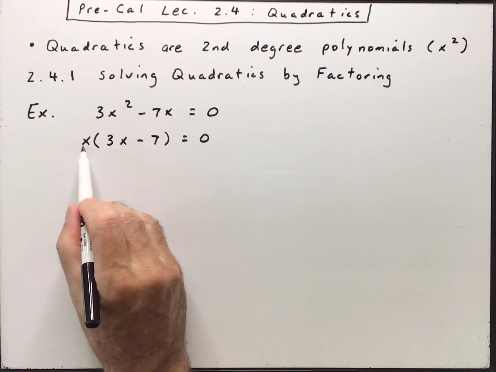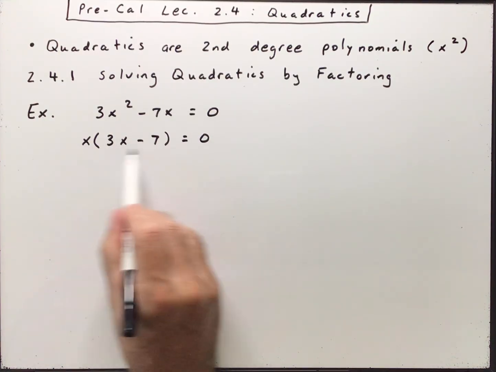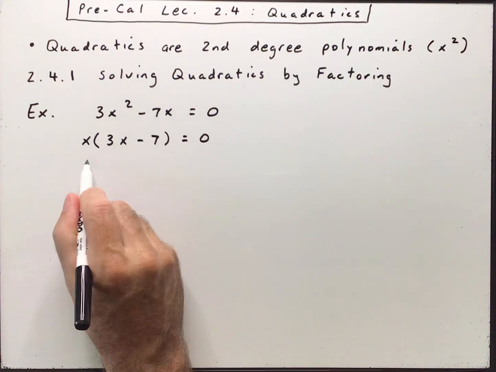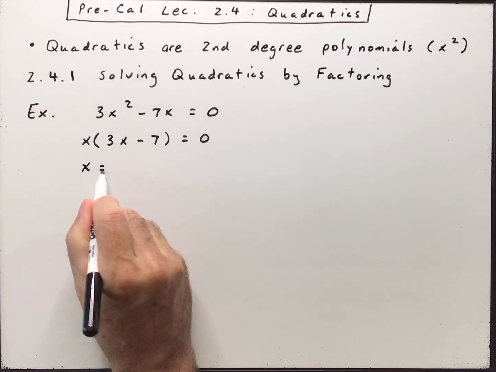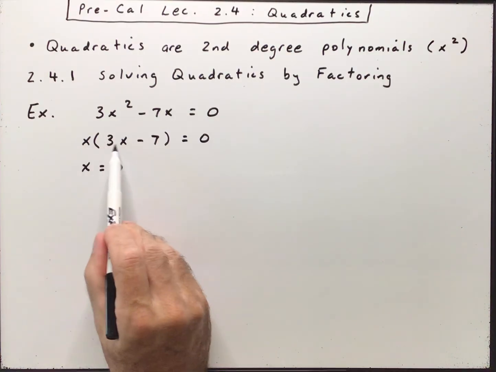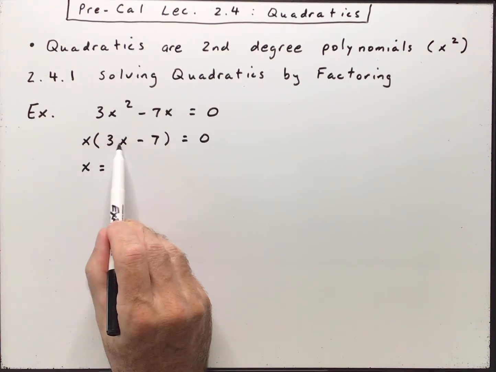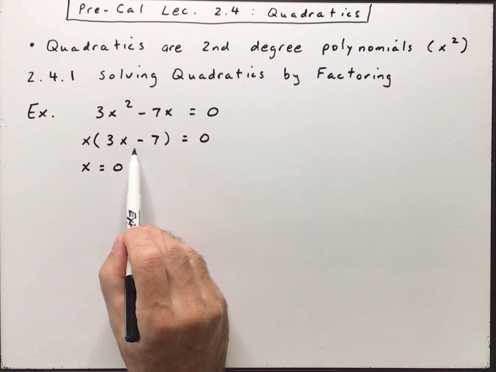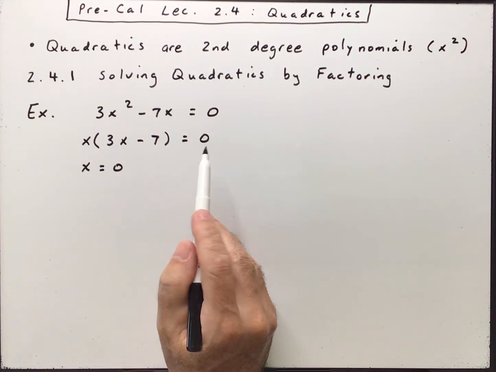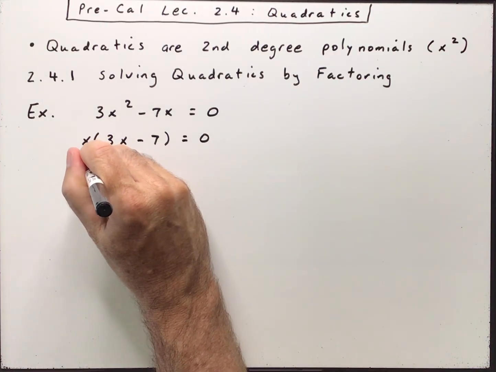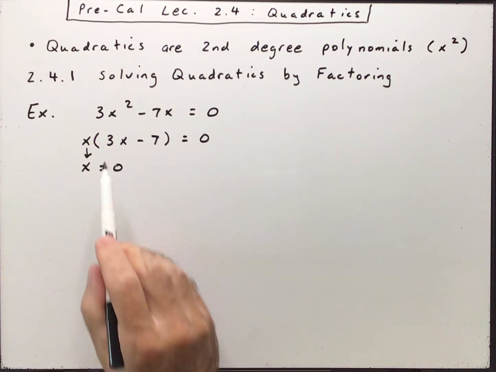And then we can set both sections of this left side equal to 0. Well, the first one is x. If x is equal to 0, this would be 0 times negative 7, and that's going to be 0. Just because it's not in a parenthesis doesn't mean that it can't be a 0.